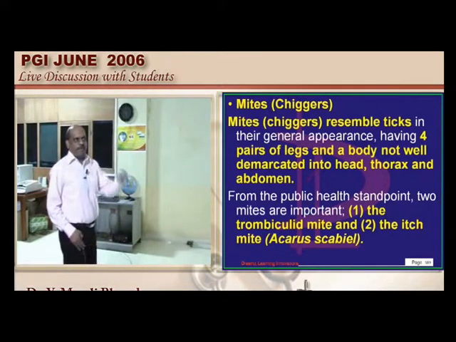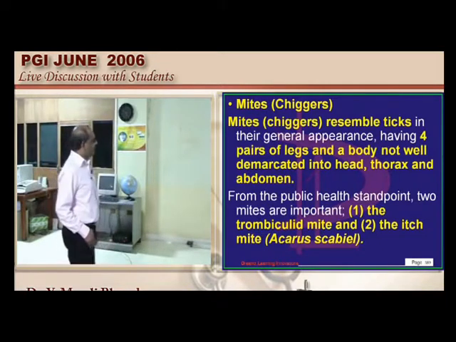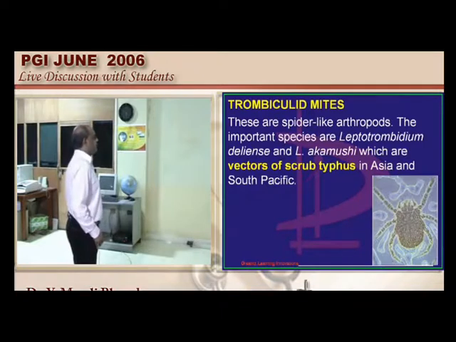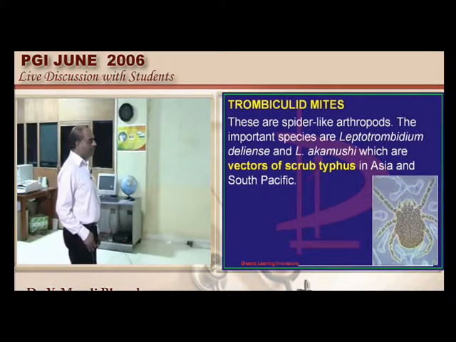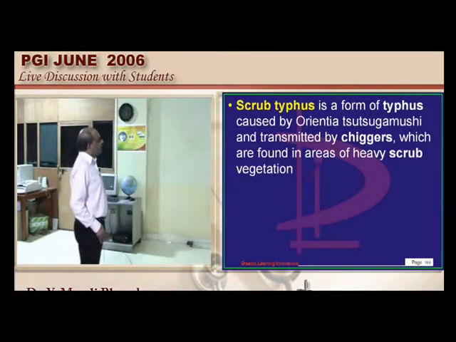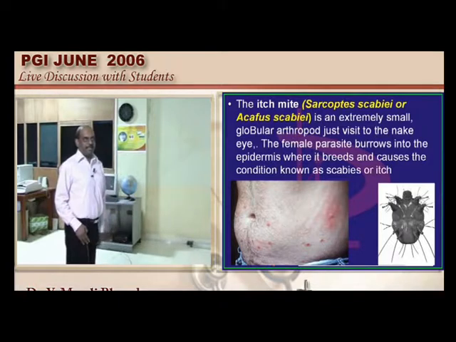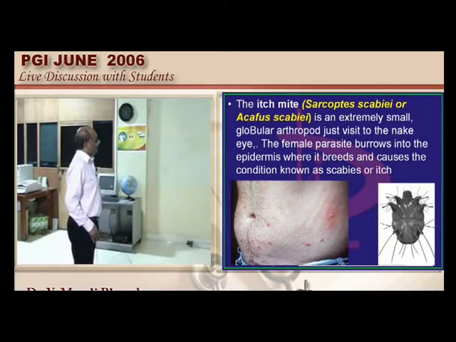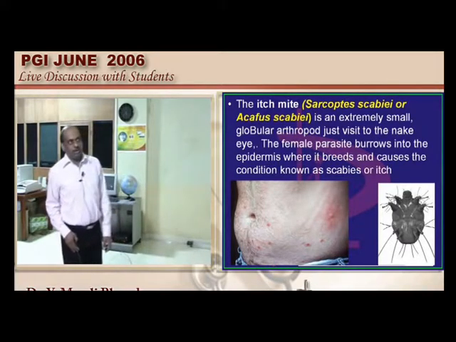You have two types of mites, doctor, trombiculoid mite and itch mite. Trombiculoid mite is the one responsible for scrub typhus. The itch mite, Sarcoptes scabiei, is the one which burrows in the epidermis, all of you know very well.